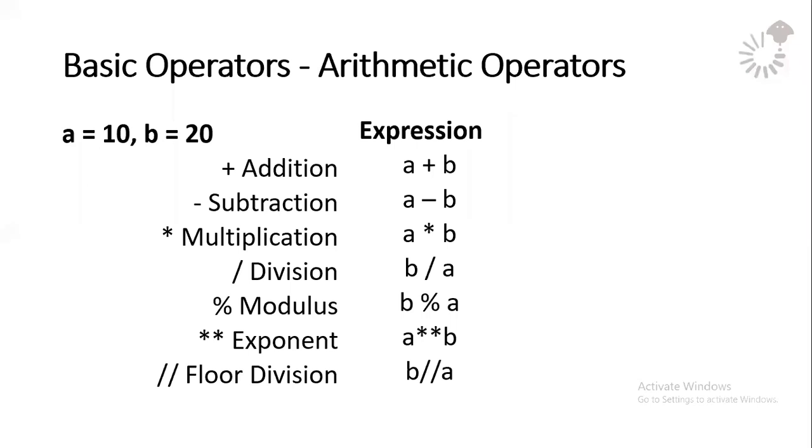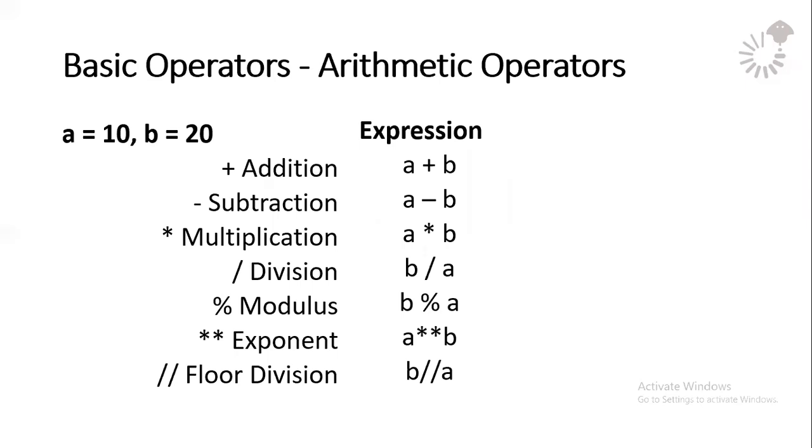So say we have A, variable A, and variable B, as 20. A is 10, B is 20. Expression is A plus B. Answer is 30. A minus B, negative 10.